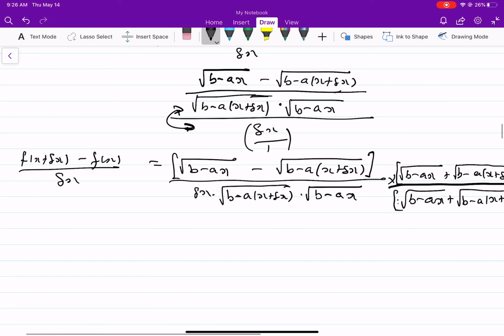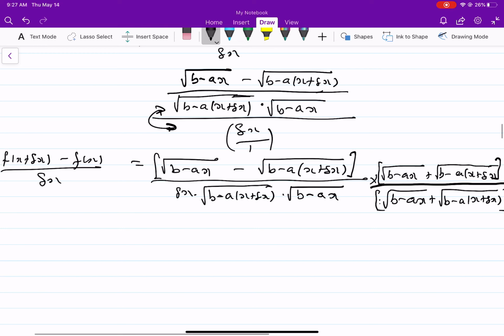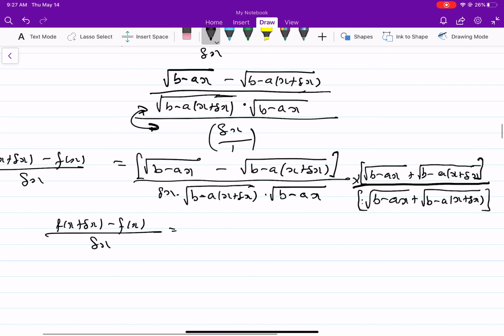So the expression for f of x plus delta x minus f of x all over delta x becomes first by first, which is the root of b minus ax times itself, just gives me b minus ax. Minus, last by last, gives me the root of b minus a into x plus delta x times itself, which gives me b minus a into x plus delta x.